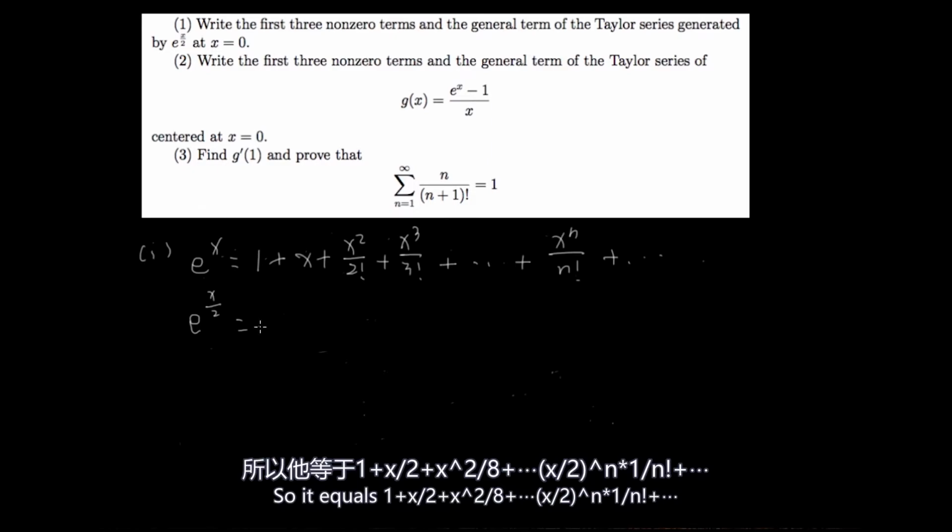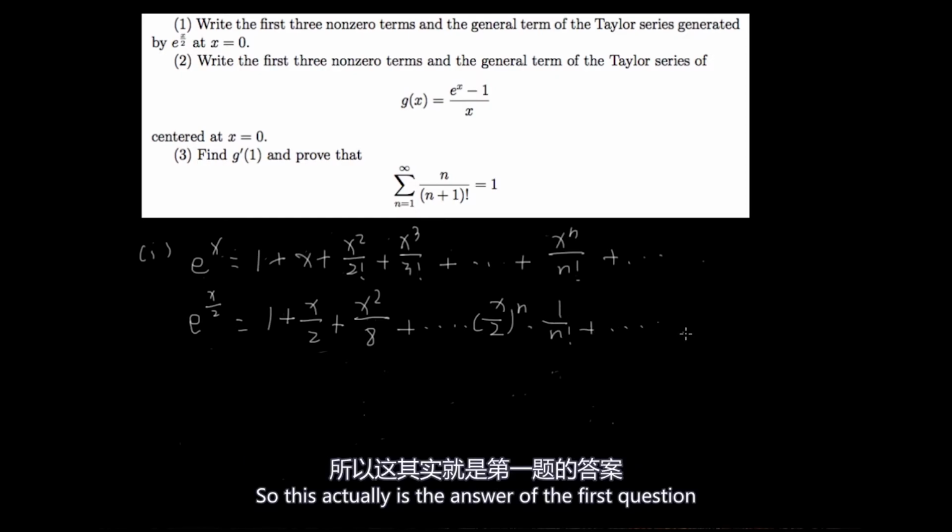So it equals to 1 plus x over 2 plus, and so on. So this actually is the answer of the first question.